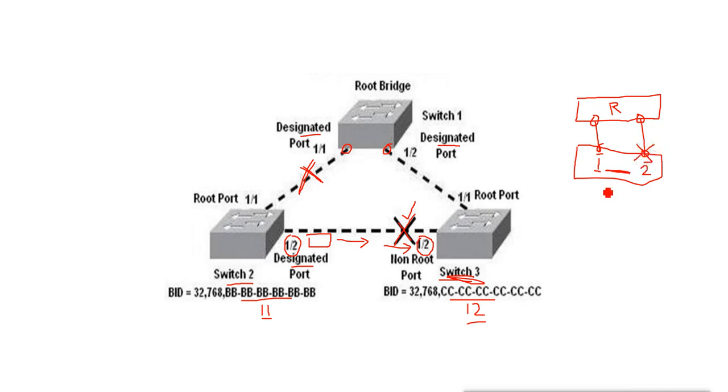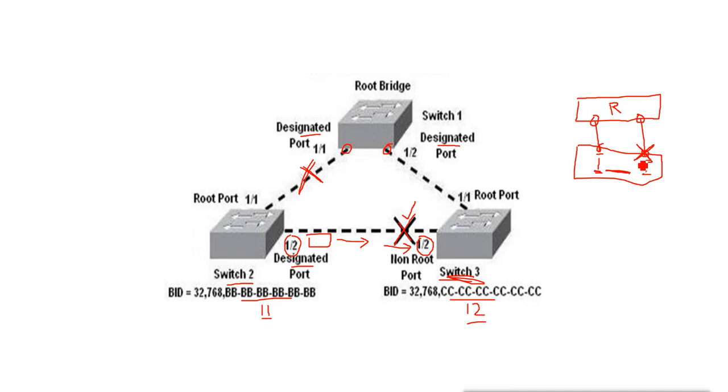So basically when a switch decides which port should be blocked, first they check the MAC address, and otherwise they will see the port number. The lower port number will win, and the port with the higher number will block itself. So this is how the STP protocol works and tries to prevent loops.